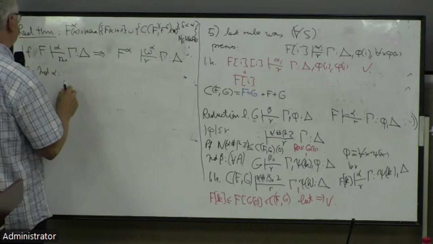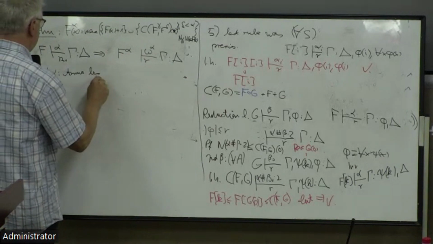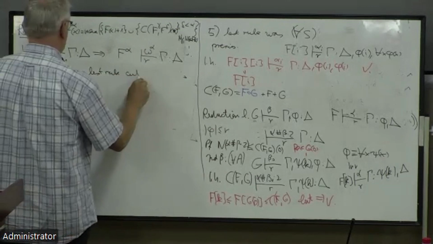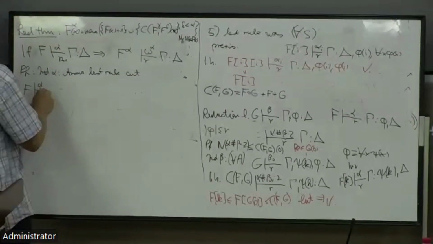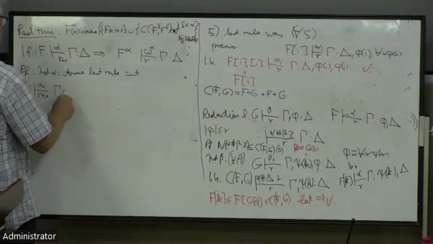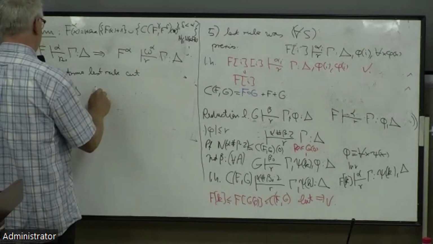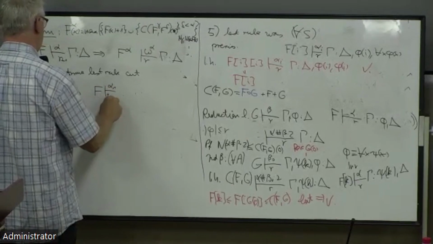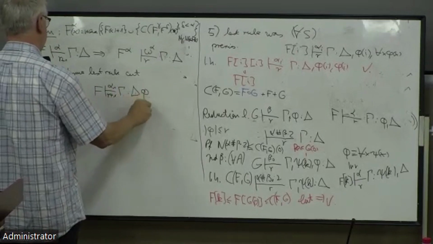So assume the last case: the last applied rule was a cut, where we have f proofs with alpha 0 and r plus 1, gamma, phi, delta, and the same operator f controls alpha 1, r plus 1, gamma, delta, phi.